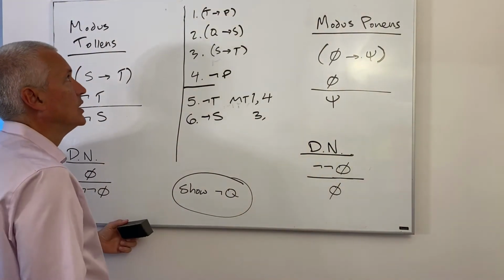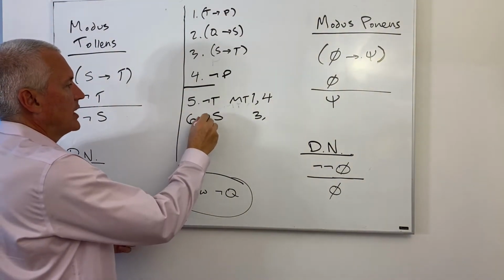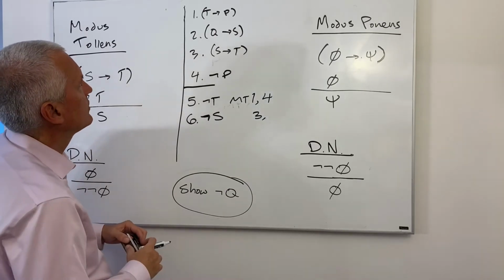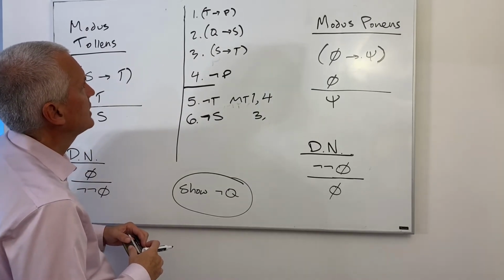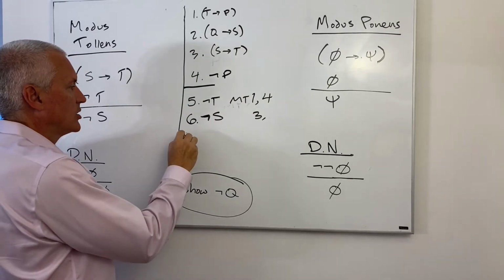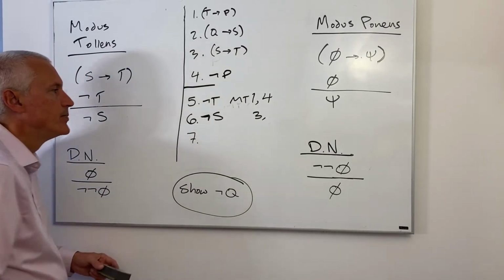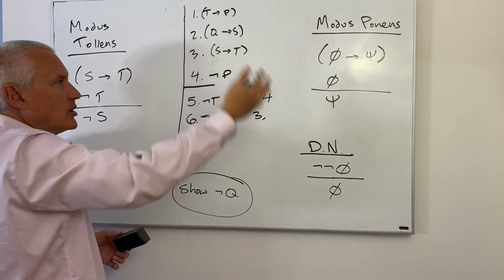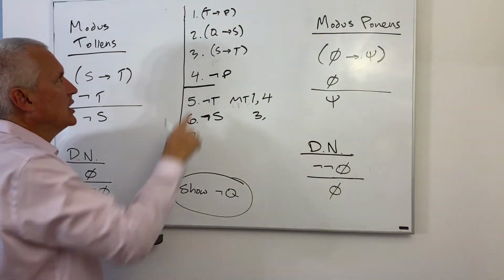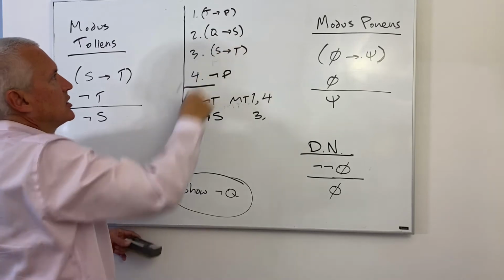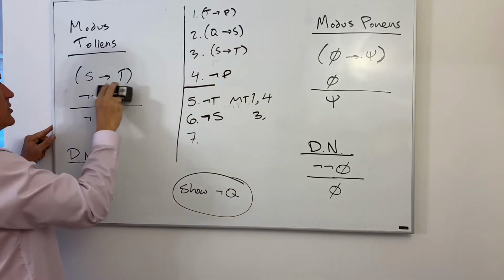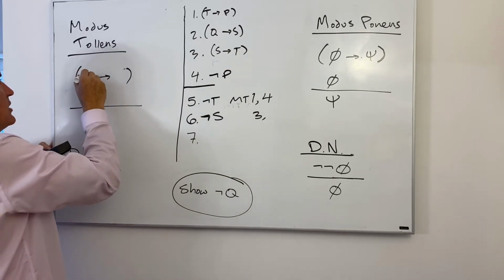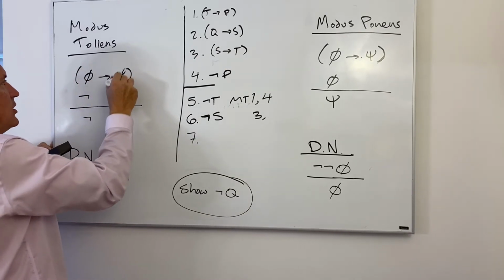What else can I do? Well, looking around at what I've got here. Excuse me, yeah, I got that right, sorry. Looking around at what I've got, I don't have not S arrow anything, so I can't do modus ponens. But I do have this formula Q arrow S. So if we go back to the general form of our rule, maybe you and I can see it without having to fill it in now.